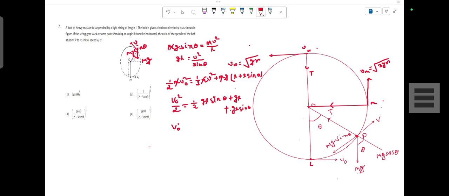So v naught square by 2 is equal to 3 by 2 gL sin theta plus gL.